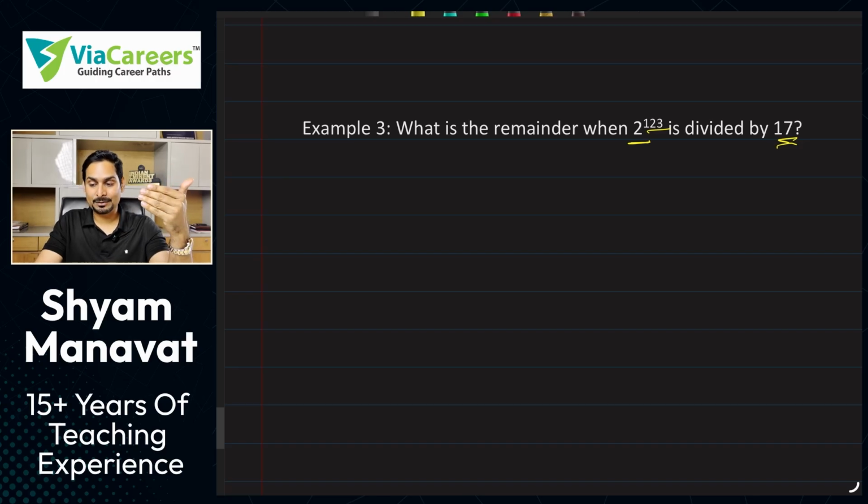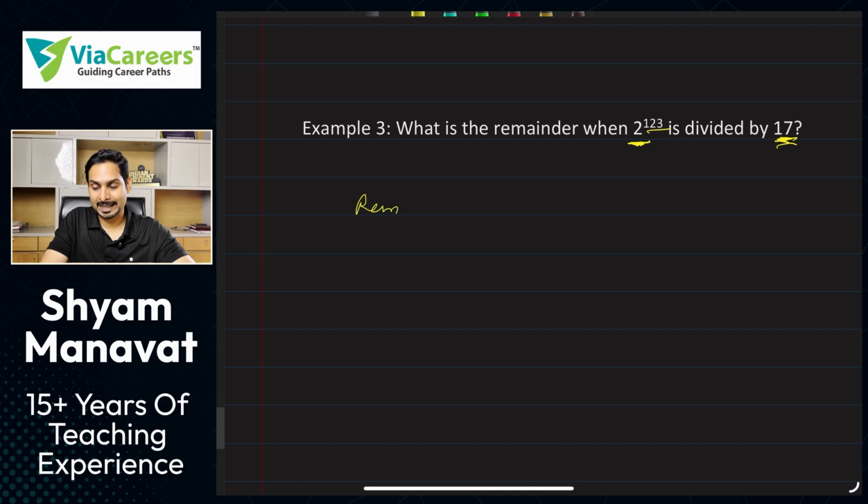But in this case, when you have a base like 2, which is very small compared to the divisor, you keep increasing the power of this base and check how you can get the remainder closer to 17, or I can say 1. Or to tell you straightforward, whenever you come across a remainder theorem question, you should see how you can get the remainder as 1 or minus 1.